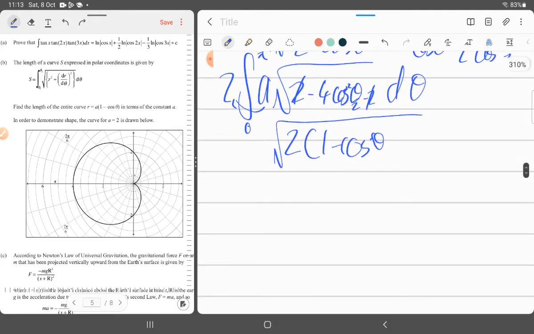Oh wait, which half angle can we break cosine theta into? This does not seem right, but I might just try it out. 1 minus cosine squared theta plus sine squared theta.